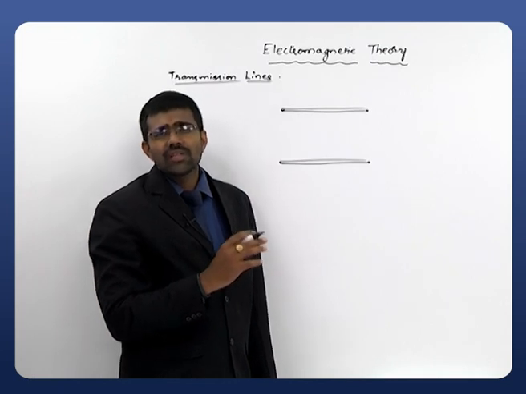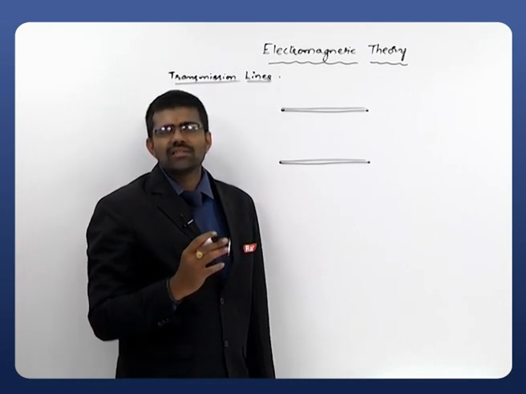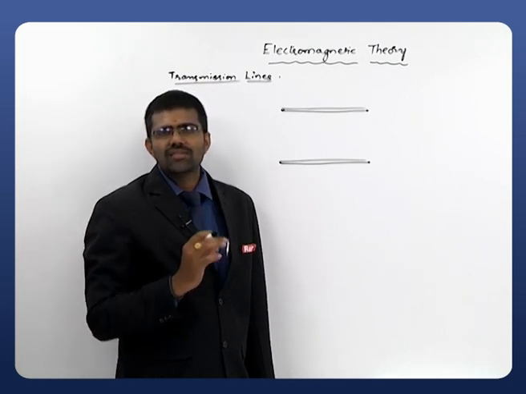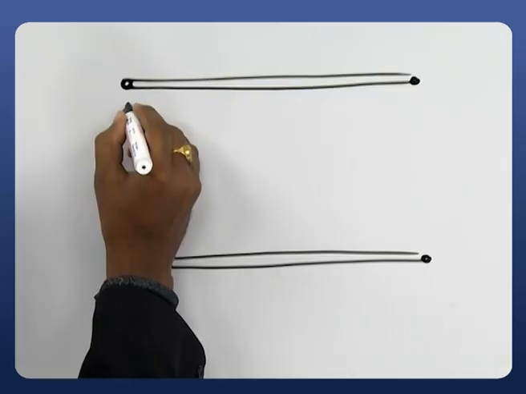So, what we do is we take the distributed elements R, L, G, C and try to replace our transmission line with the help of them. Already this topic is very familiar to us.